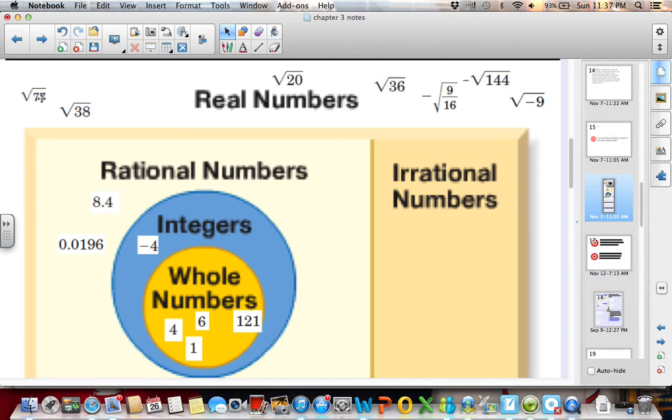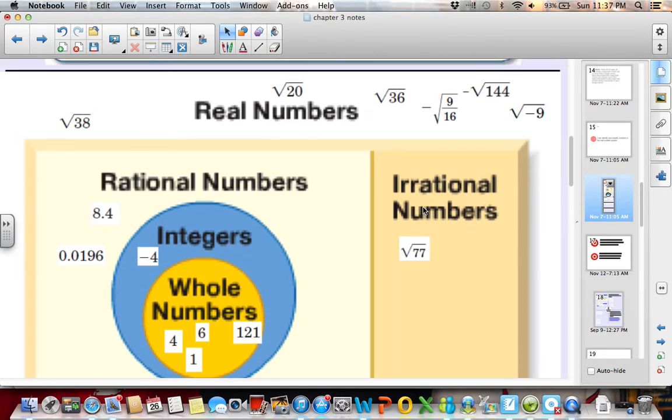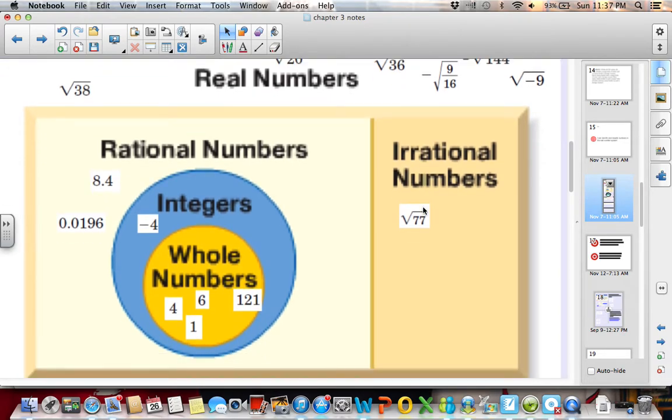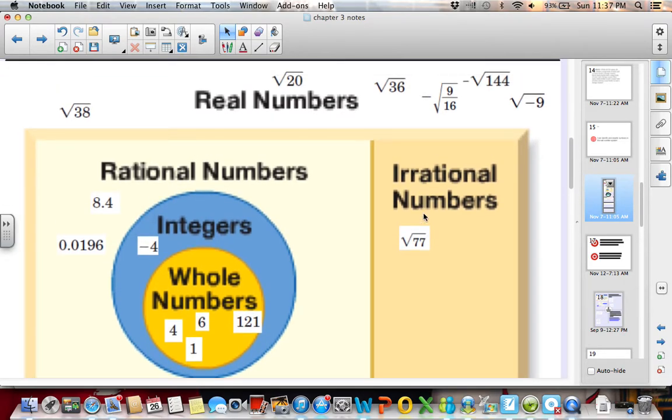So square root of 77 is irrational. The square root of most non-perfect squares, and 77 is not a perfect square, is irrational because they are just a whole long big number with a decimal.